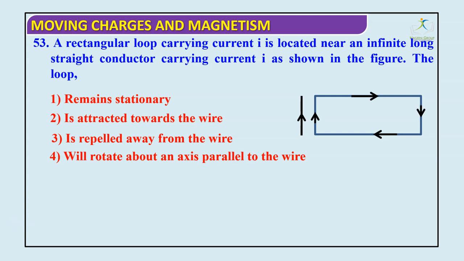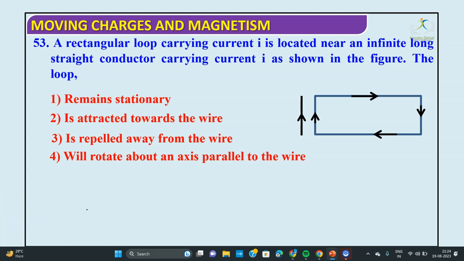If we move towards the wire as the diagram is given, assume this is an arm BC, and this is AD; ABCD are the arms. BC and AD are equal and opposite.